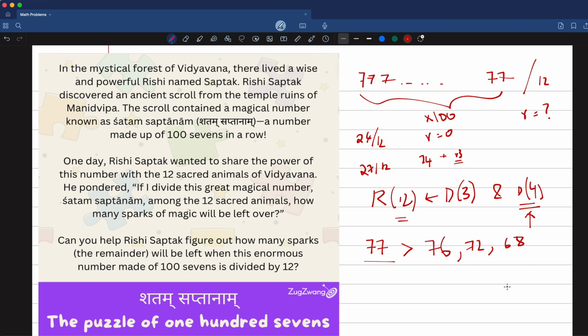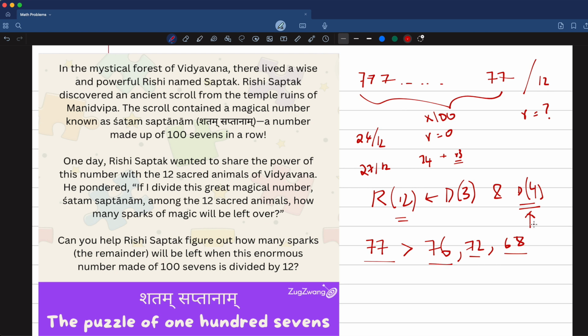So while this huge magical number of 100 sevens is not divisible by 12, because obviously it's an odd number and you're trying to divide it by 12, which is an even number, a number that ends with 76, or 72, or 68, as in a number that's 1 less than the Shatam Saptanam, or 5 less, or 9 less than this magical number, is possibly a number that's divisible by 12, because it's divisible by 4.